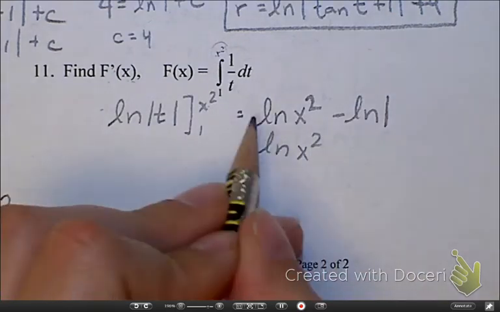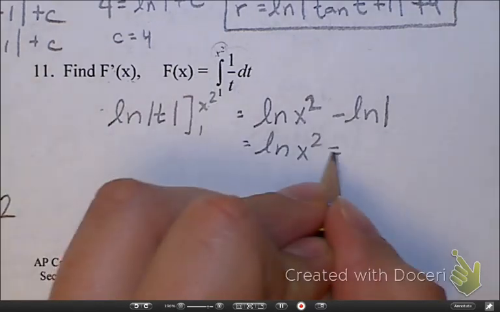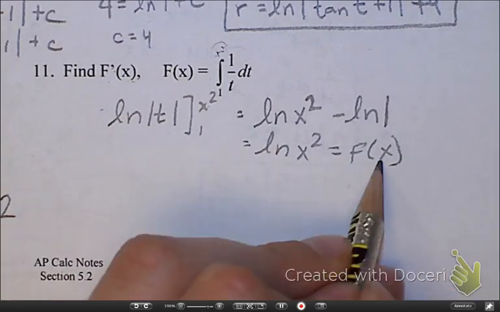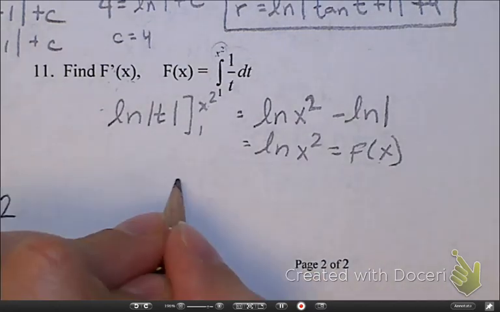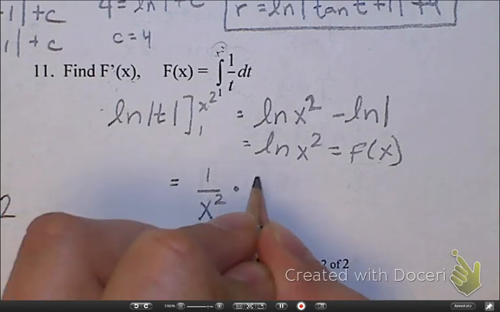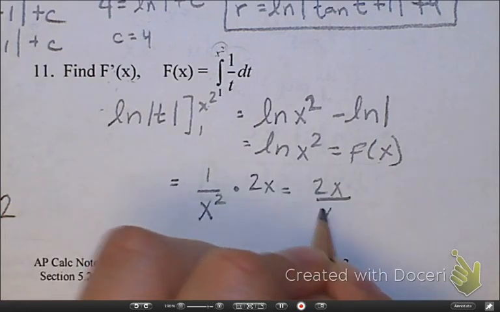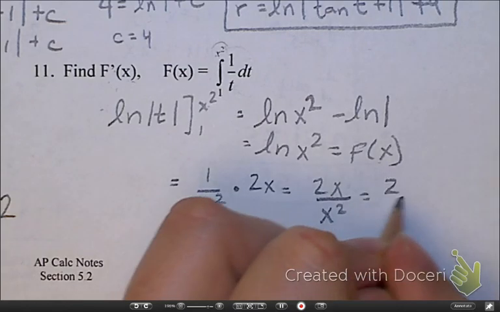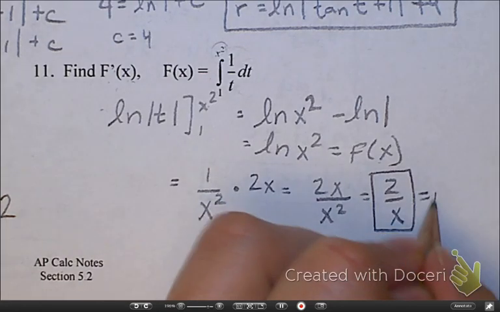So that would be the integral. F of x equals the integral. That would be f of x. And then if I said find the derivative of f of x, the derivative of this is equal to 1 over x squared times the derivative of the inside, so times 2x, which equals 2x over x squared, which equals 2 over x. So that's f prime of x.